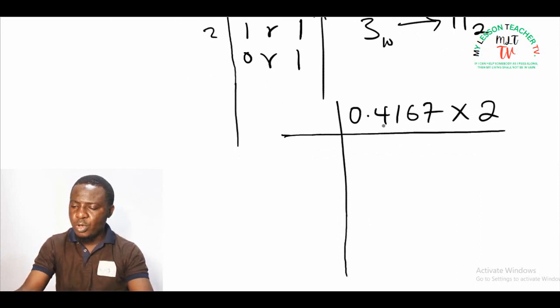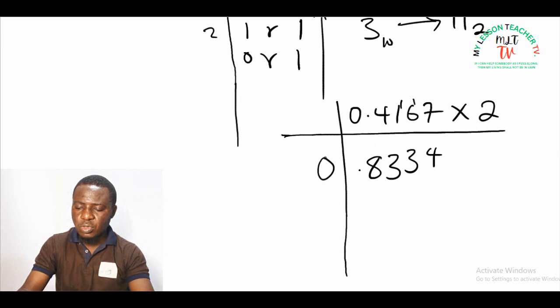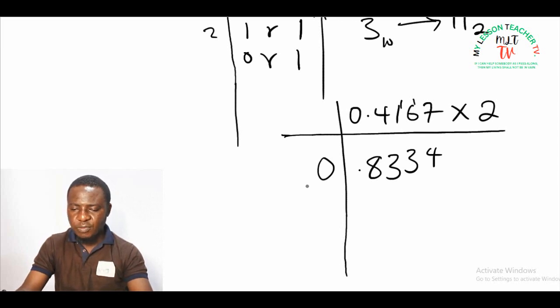When you multiply 0.4167 by 2, 2 times 7 is 14, carry 1. 2 times 6 is 12 plus 1, 13, carry 1. 2 times 1 is 2 plus 1 is 3. 2 times 4 is 8. Remainder 0. So the whole number part will be sent to the other side of the divide. Then you keep multiplying until your fraction gets to 0.